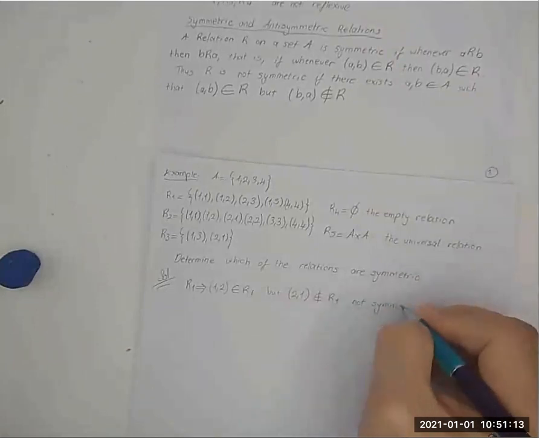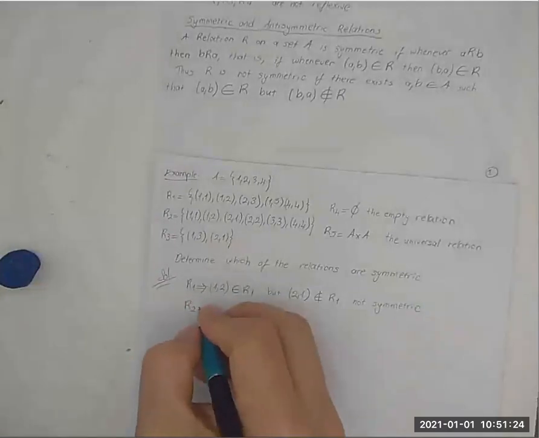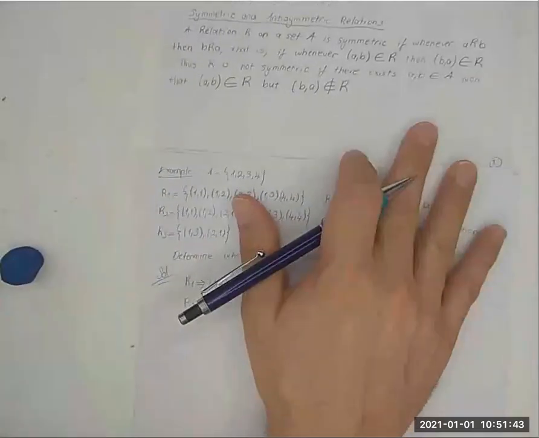So (1,2) is a member of R1, but there is no (2,1). So this is not symmetric. Okay, R2.